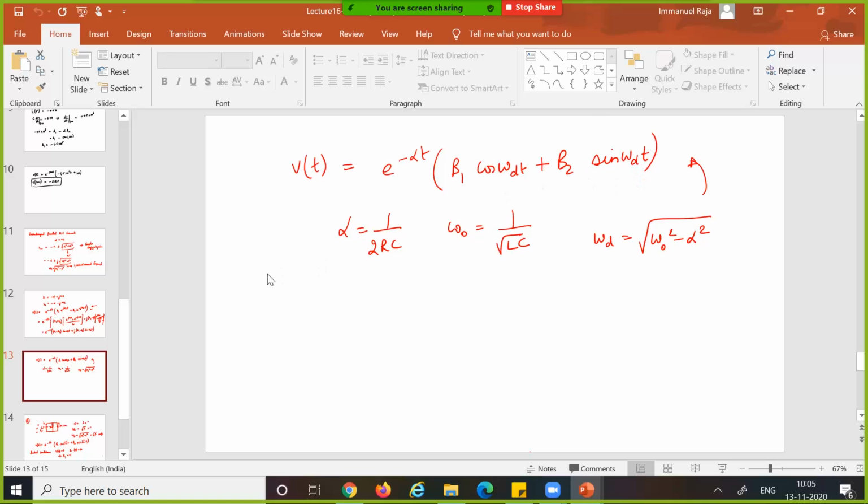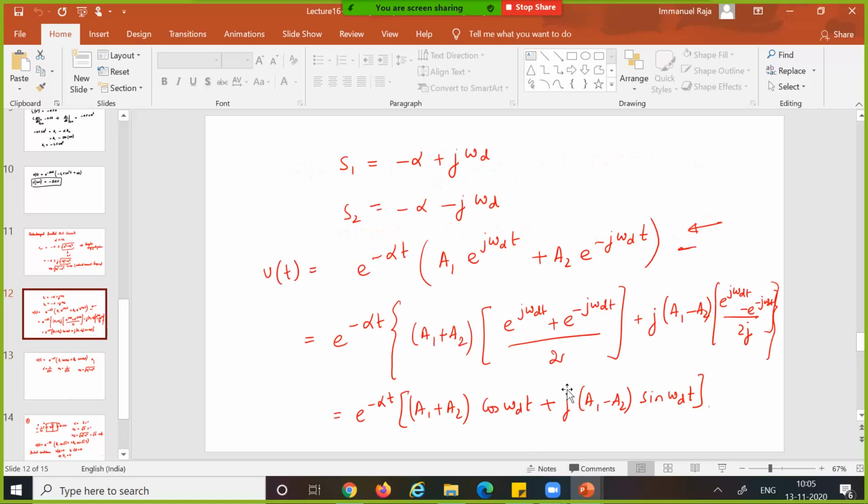This is where we had some confusion in the last class. It turns out that if you take a1 and a2 to be complex conjugates of each other, a1 plus a2 becomes a real number, and j times a1 minus a2 also becomes a real number.